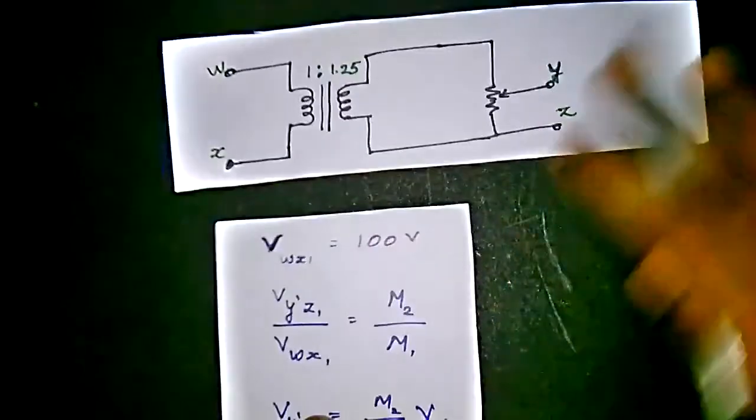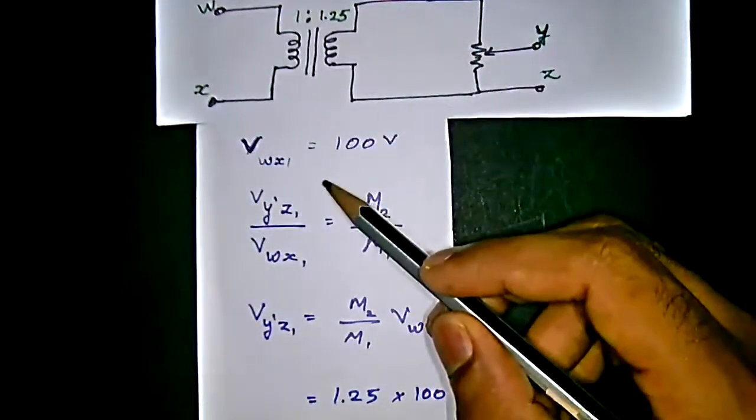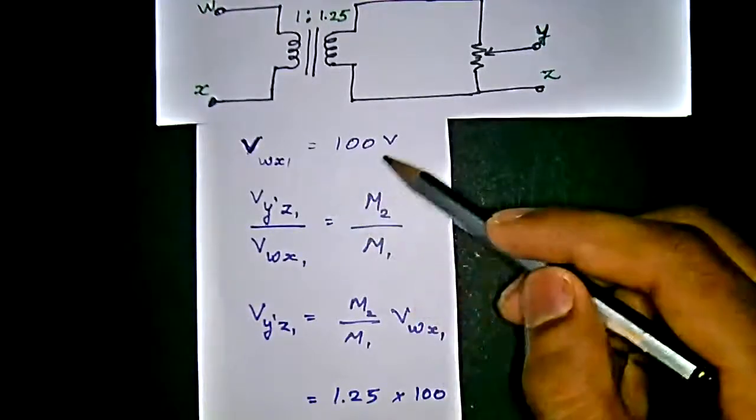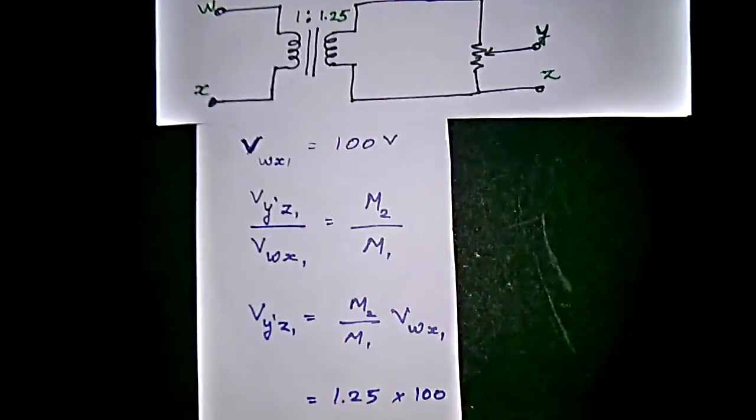We are going to choose the first case first, where the AC voltage is applied and the input voltage is 100 volt. We know that the transformer ratio is equal to the primary voltage divided by the secondary voltage, which is also equal to the secondary current divided by the primary current. We have to know that first of all.